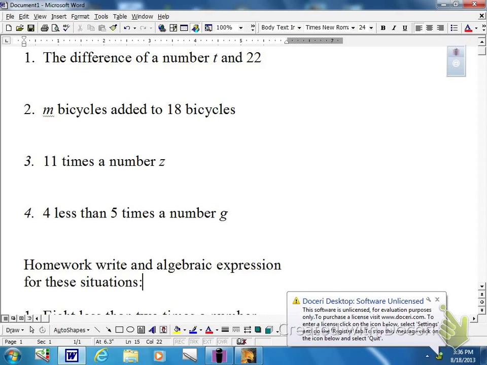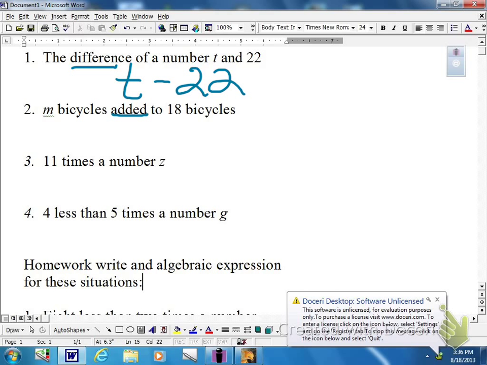So number 1, the difference of a number t and 22. So that would be t, difference meaning subtraction, minus 22. Number 2, m bicycles added to 18.